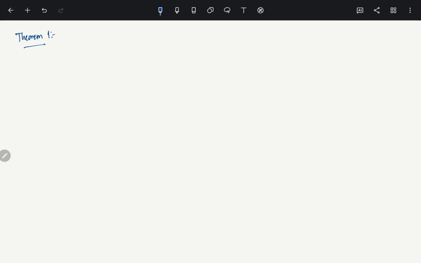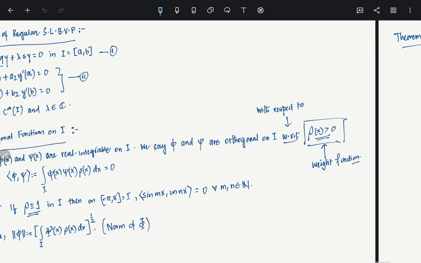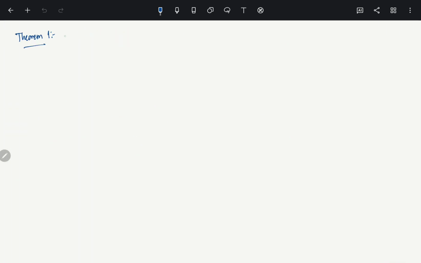This is basically talking about the relation between the eigenpairs. We want to talk about the eigenpairs, right? So let's say we have two eigenpairs. We start with this: this is our equation 1 and the boundary condition is 2. Clear? So 1 along with 2 has, let's say, two eigenpairs. Let phi j, lambda j and phi k, lambda k.